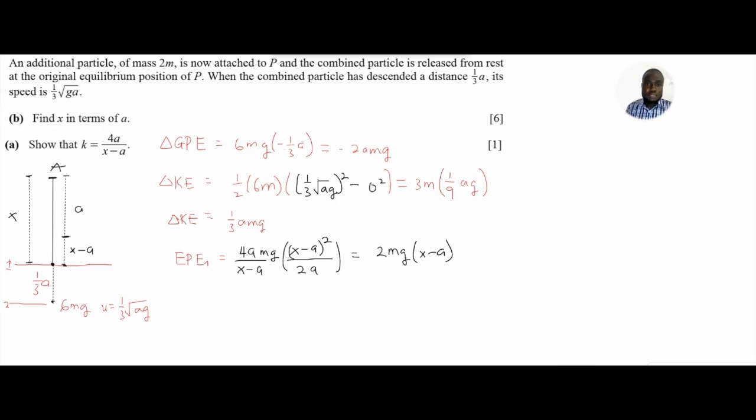Let's calculate the elastic potential energy at point 2. Before a over x minus a mg, which is lambda, the extension in this case will be the whole of x minus a plus this extra extension, which is 1/3 a squared.